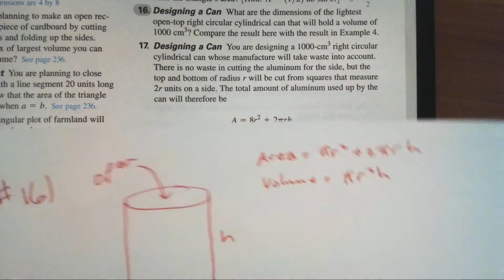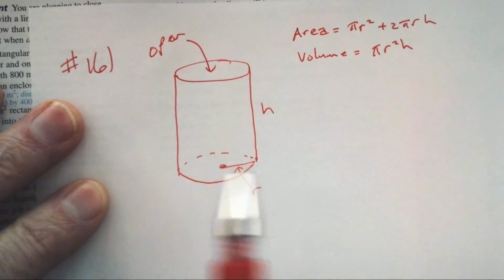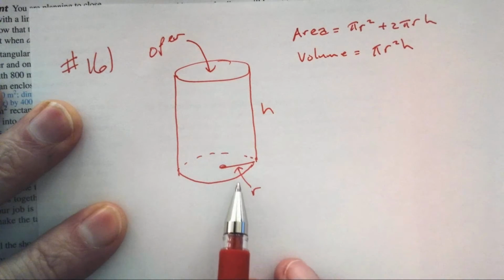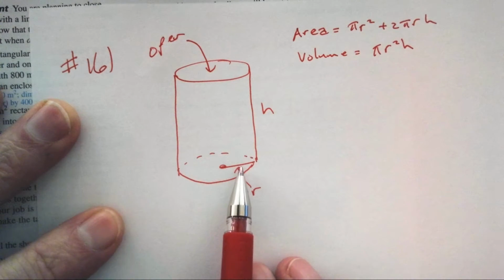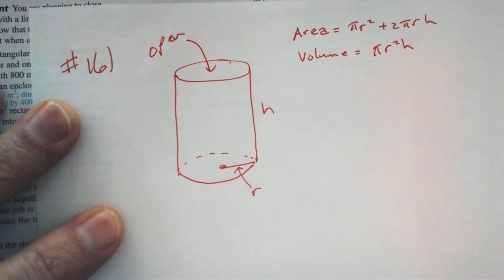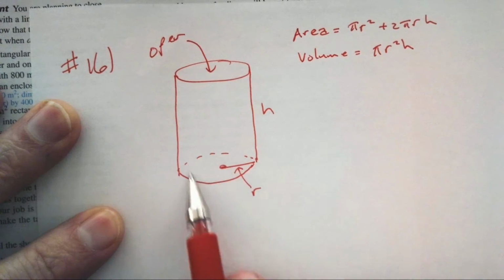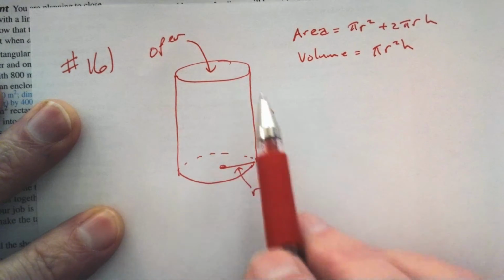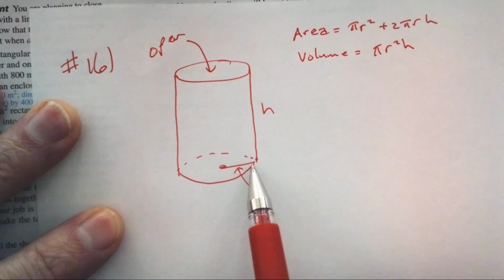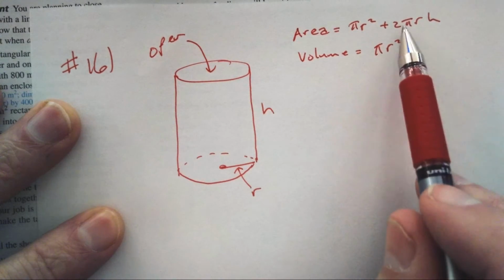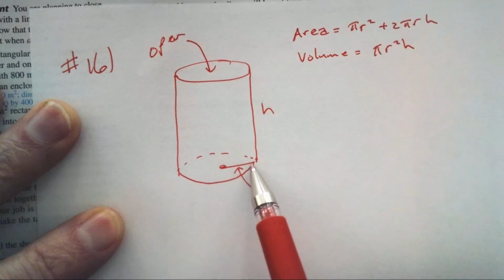So I've gone ahead and drawn this, illustrated that we're open on the top, and we're using a radius and a height. Now the area of material we're using would include the circle on the bottom, pi r squared, plus the lateral area, which would be 2 pi r, that's the distance around here.